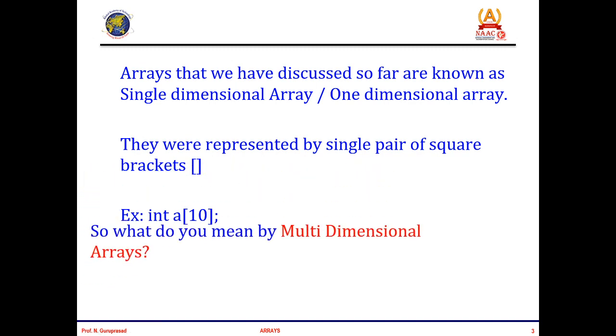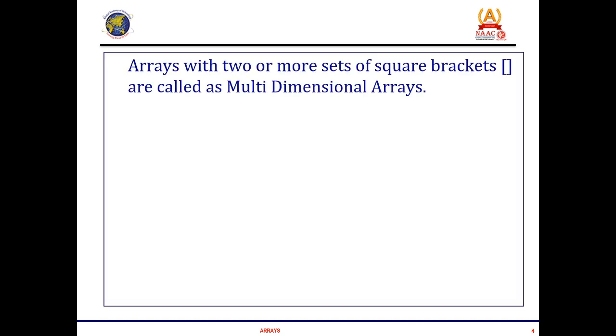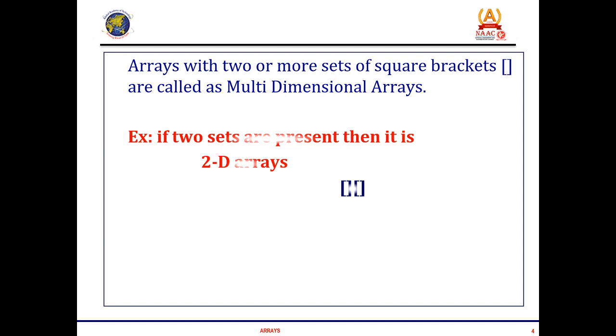Then the question that comes to mind is, what exactly do you mean by multi-dimensional arrays? It's very simple. A multi-dimensional array has more than one subscript. That's the beauty of this. If two sets are present, then it is a two-dimensional array. So multi-dimensional arrays can be two-dimensional arrays or more than two-dimensional arrays.